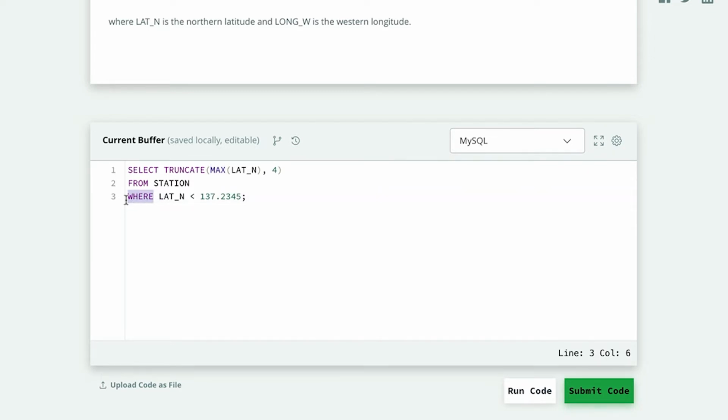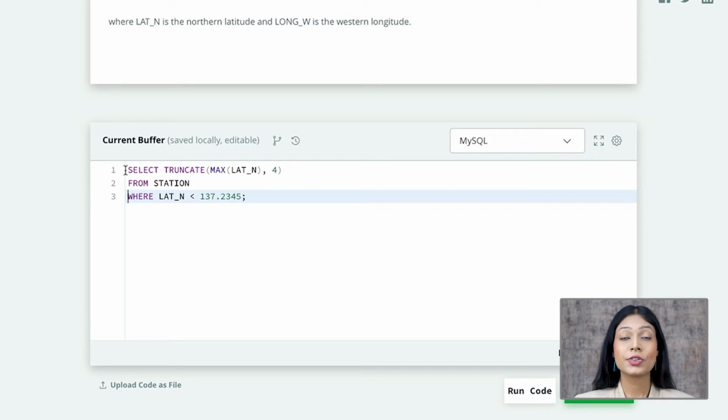As we want to truncate our answer to 4 decimal points, in the first line we will write SELECT TRUNCATE(MAX(LAT_N), 4). We are using the station table, so in the next line we will write FROM STATION. We want our result for those values which have a northern latitude less than 137.2345. In the next line, we will define the filter condition by writing WHERE LAT_N less than 137.2345.